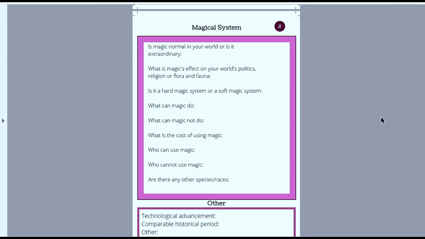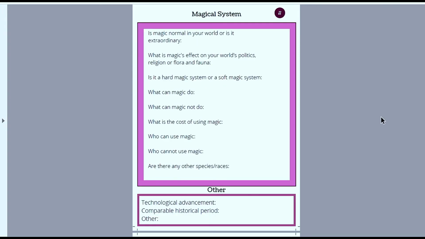Then magical system. Now obviously here, if you're not creating a fantasy or even sci-fi paranormal, then you won't be using this page. So the first thing is, is magic normal in your world, or is it extraordinary? Now this will have a big bearing also on your genre or subgenre, because if it is normal in the world, then it tends to be more high fantasy.